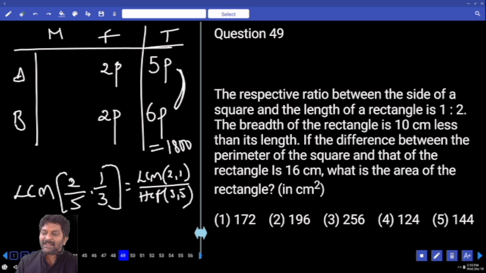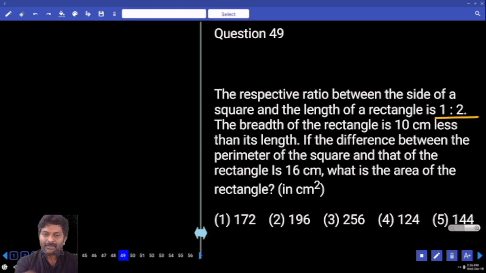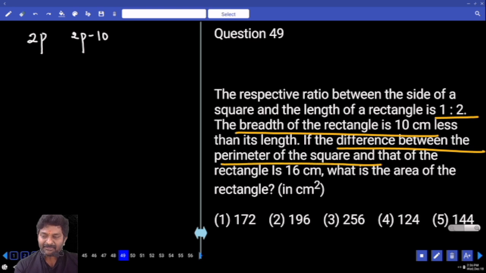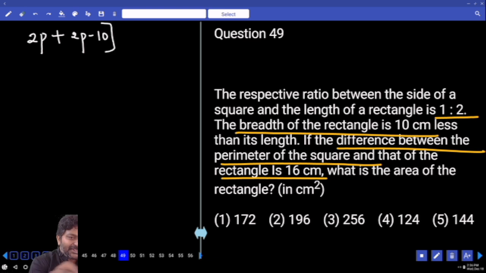The ratio of the side of the square to the length of the rectangle is mentioned, which is 1 part and 2 parts. So length is equal to 2 parts. Breadth of the rectangle is 10 centimeters less than that: 2 parts minus 10. The difference between the perimeter of the square and the perimeter of the rectangle is 16. Perimeter of the rectangle is 2 times (L plus B).